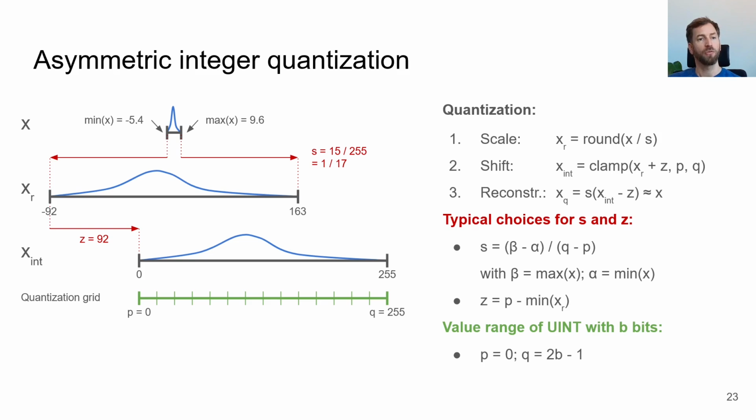And now we scale this distribution in such a way that it has the same range as the quantization grid. Afterwards, we shift the 0 point such that the distribution is perfectly aligned with the grid. Now we do not have unused quantization levels anymore. However, we need to scale and shift. And it's not guaranteed that the 0 point is maintained.